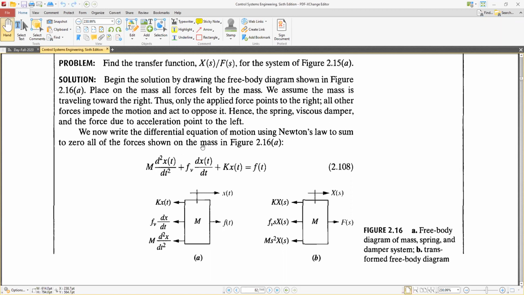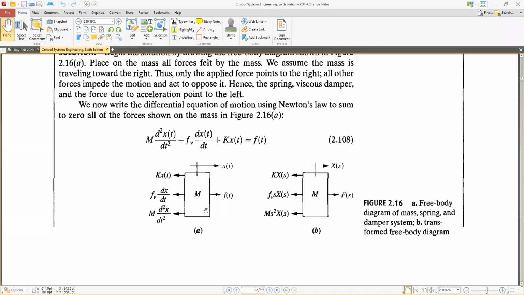Now write the differential equations of motion using Newton's law to sum to zero all of the forces shown on the mass in figure 2.16. Here, that is the mass M. First of all, if the force is felt in this direction, then it will feel an opposite force in these directions.